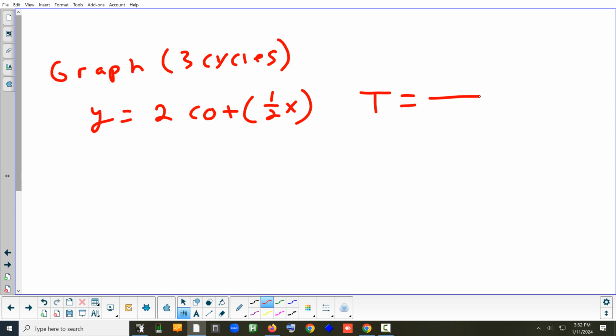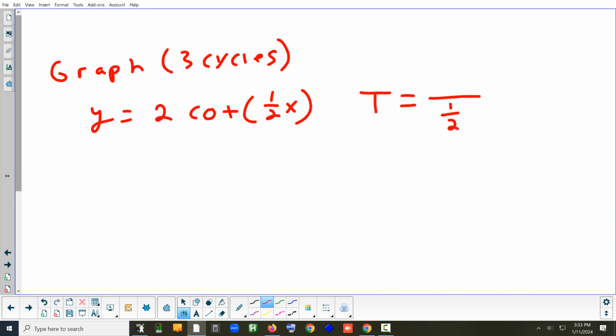So what's going to go in the bottom here? No, the 2 is an amplitude change. It's the 1/2, which causes a horizontal stretch or compression. So the 1/2 is in the bottom. But what goes in the top? It's the length of the original period.